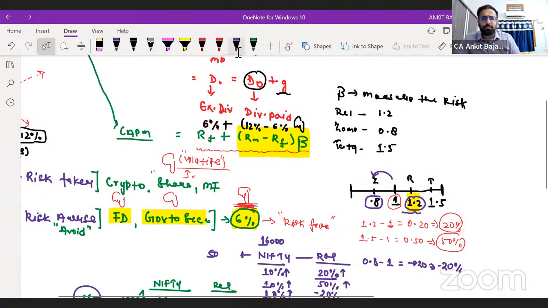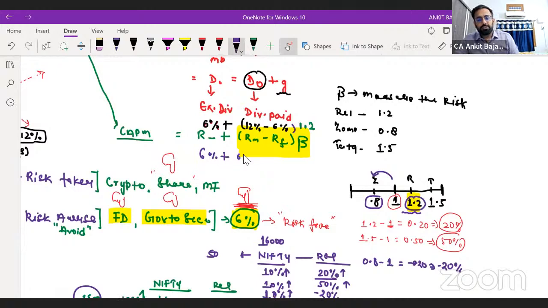Right now, I'm assuming, let's suppose the beta of the security in which you want to invest is 1.2, right? So what value will you be getting here? You will be getting the value that is 6% plus 6% into 1.2, right?